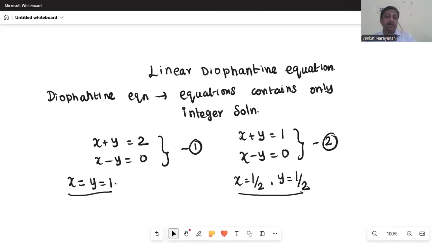The difference is in the solutions. See this, x equal to 1, y equal to 1 are integers, but x equal to 1 by 2 and y equal to 1 by 2 are real numbers.